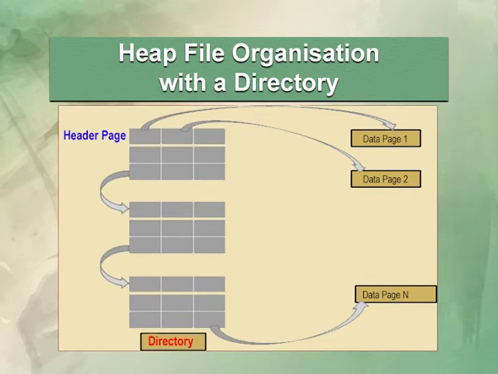So, this is the illustration of heap file organization with a directory. Here each header page consists of the directory, and the first location is called the header page, which points to the data block of page 1, and the second location points to the data block of data page 2, likewise the third block, likewise the nth block.